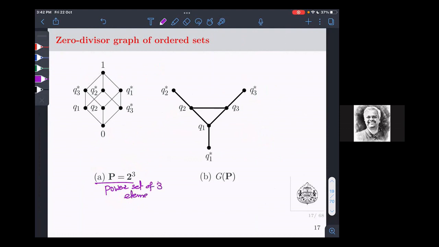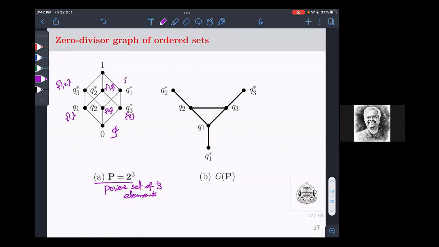Now, if I want to write in the set theoretic form, then I can say that this is my singleton 1, singleton 2, singleton 3. This will be 1, 2, 1, 3, and this is 2, 3. And this will be what? 1, 2, 3. Okay, so this is a power set.